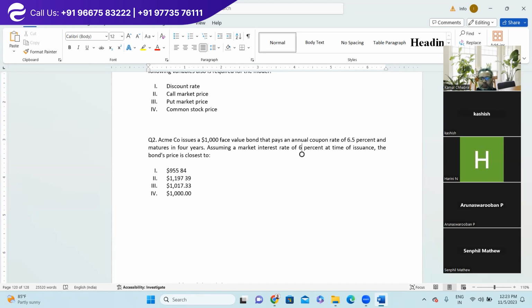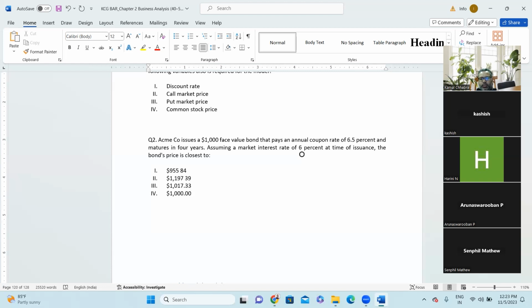So 0.65 divided by 0.06 multiplied by 1000, 1083. So it is coming 1017.